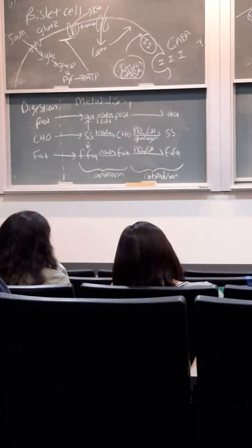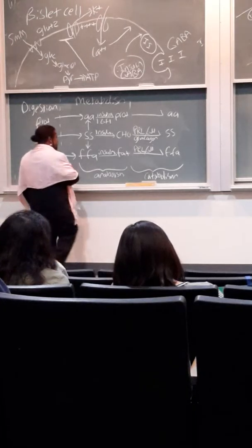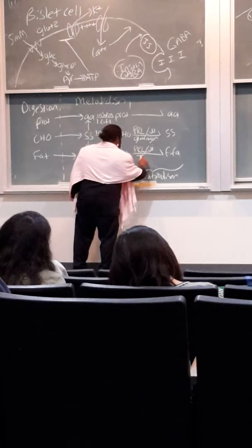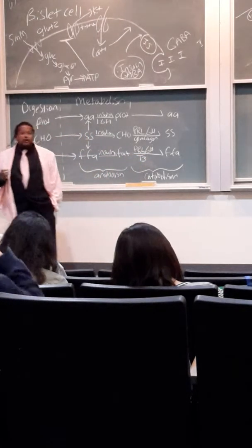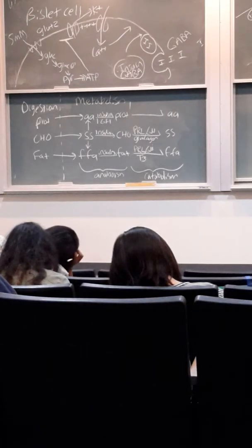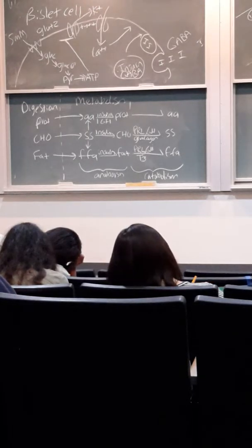Thyroid hormone, very important. Thyroid hormone promotes the burning of fat. People who are hypothyroid, we'll talk about on Thursday, tend to be overweight and store fat, have a very low basal metabolic rate.